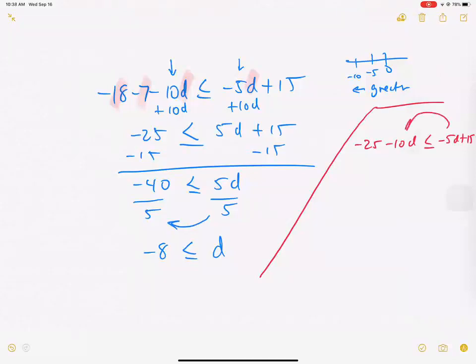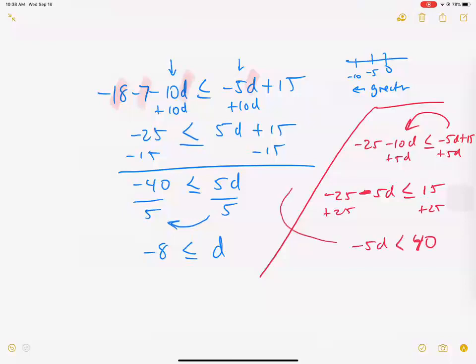What if I move this one over here? So we're going to add 5d to both sides. And we're going to end up with negative 25 minus 5d less than or equal to 15. Okay, so we're going to add 25 to both sides. Negative 5d less than or equal to 40.